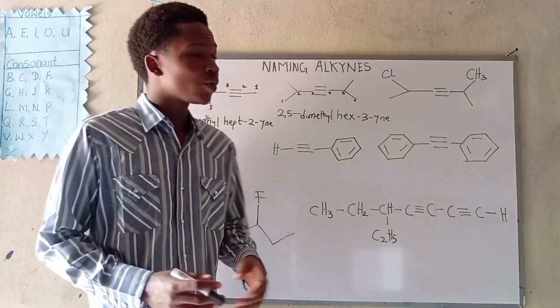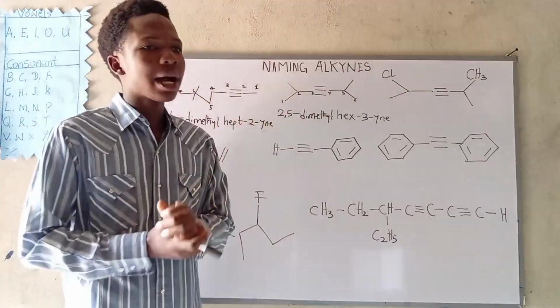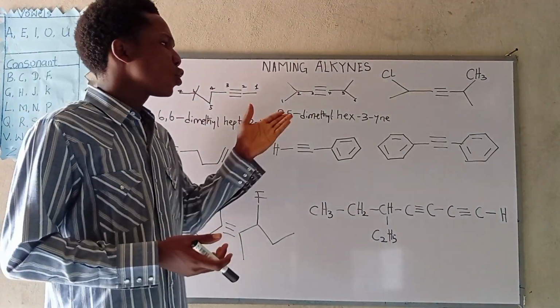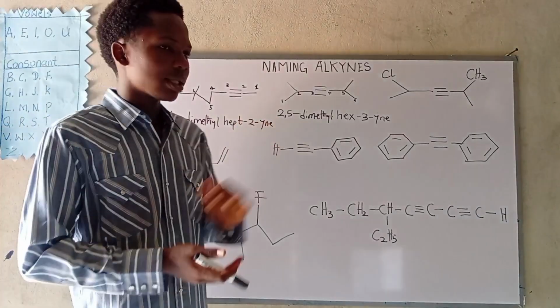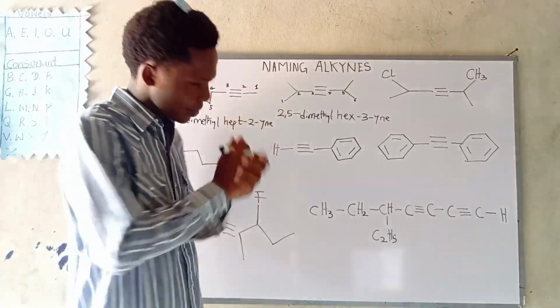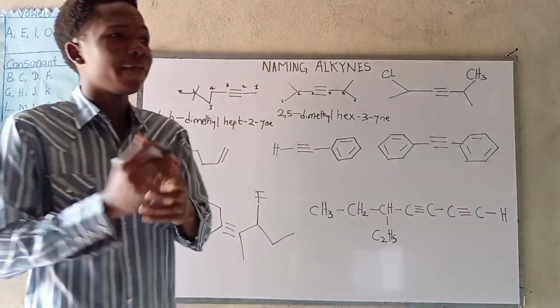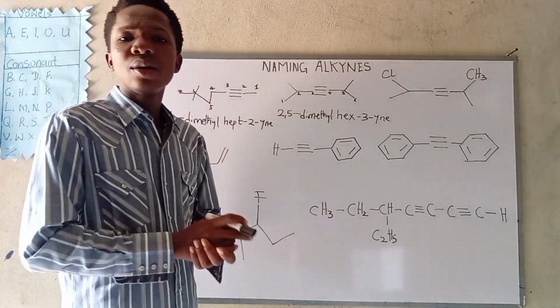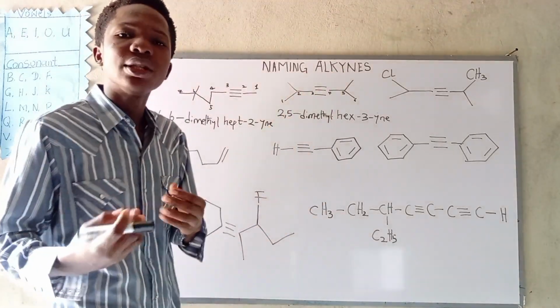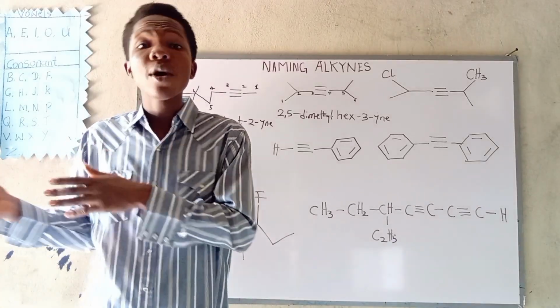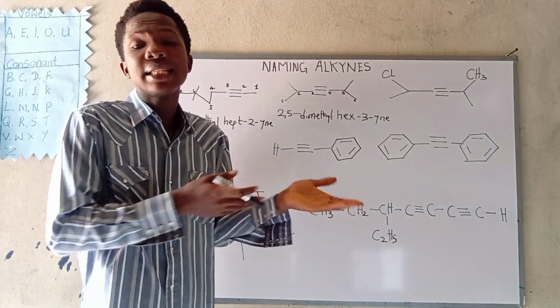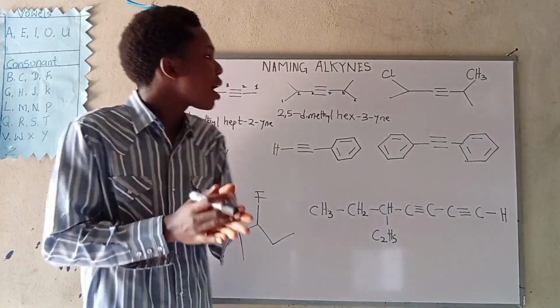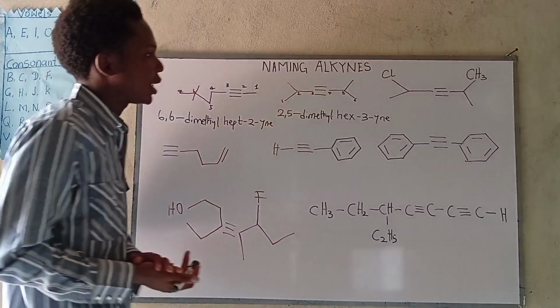Don't forget. We've successfully named this the IUPAC way, but that's not all. We also have the common name. But now how do we name it? It has this pattern. When we are naming an alkyne, we recognize the first member of the alkyne family to be what? Ethyne. But this ethyne is also called acetylene. The common name of ethyne is acetylene, right? So now, how do we get acetylene from here?